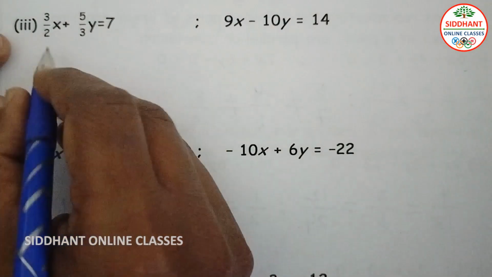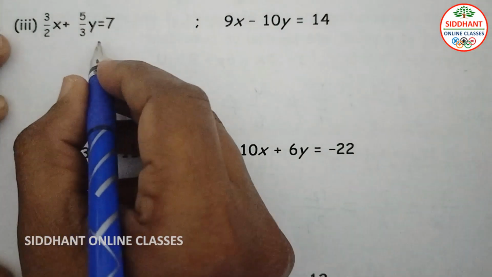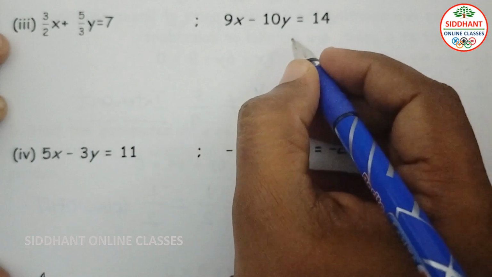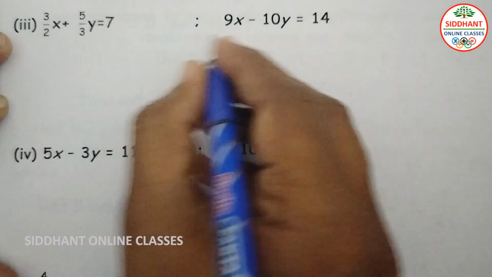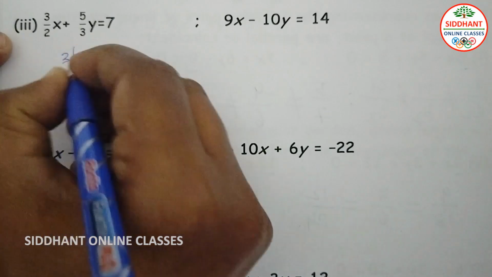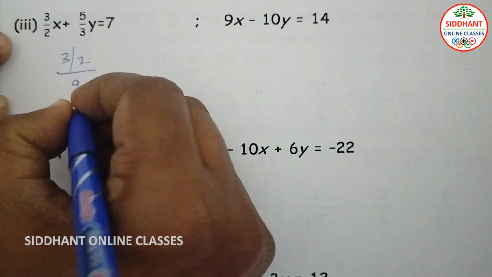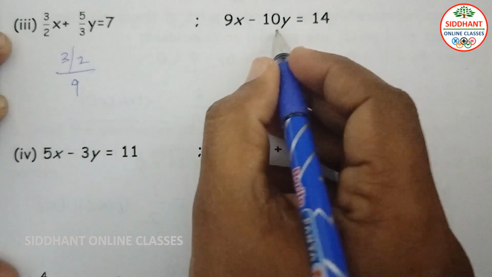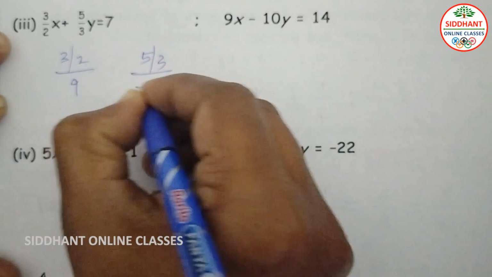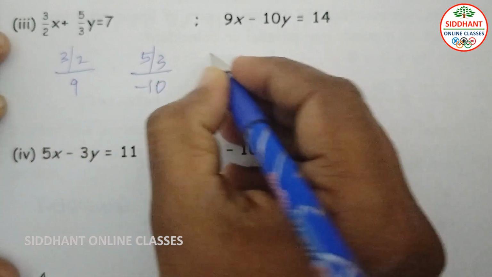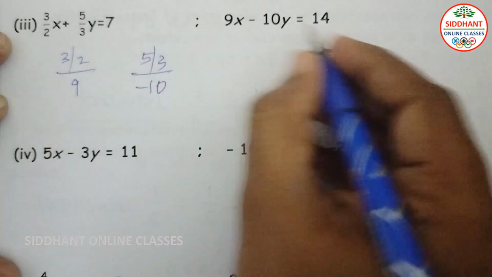Third one, 3 by 2 x plus 5 by 3 y equal to 7, 9x minus 10y equal to 14. So here a1 by a2 is 3 by 2 by 9, b1 by b2 is 5 by 3 by minus 10, and c1 by c2 is 7 by 14.